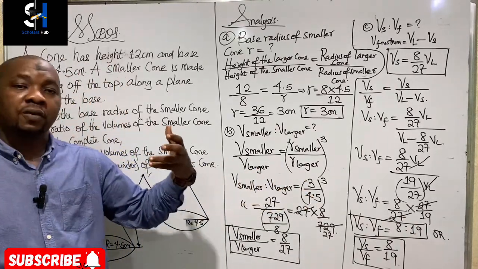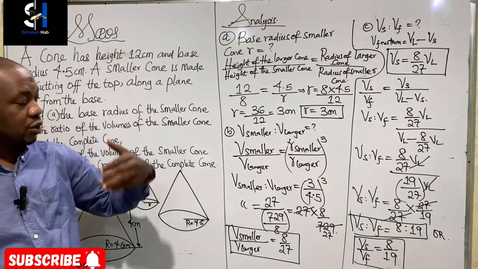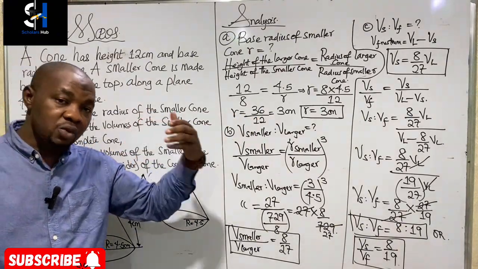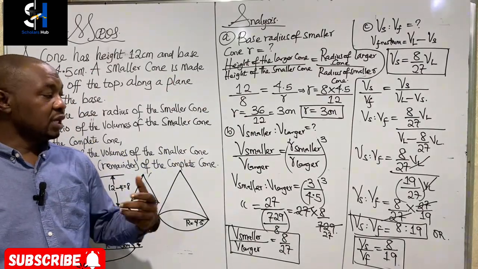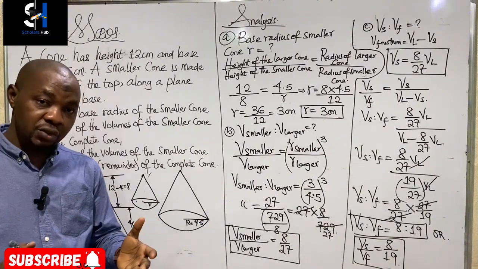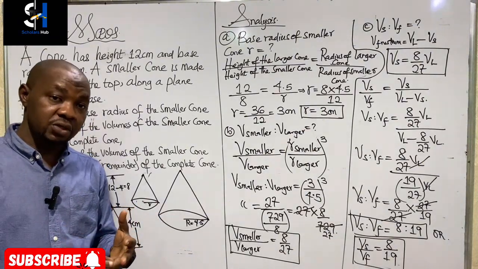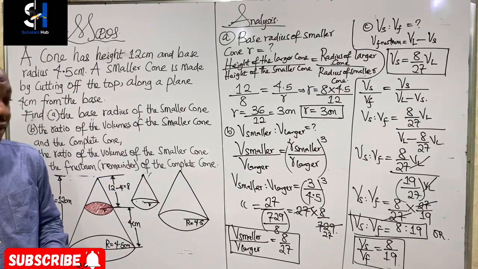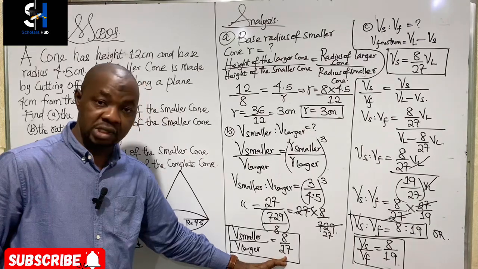Remember, in the case of volume, the ratio of the smaller volume to the larger volume is equal to the cube of the linear dimension of the shape. The linear dimensions are the length, height or radius. We have radius and height in this case, and that gives 8 out of 27.